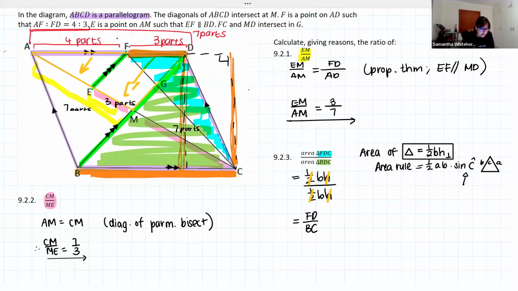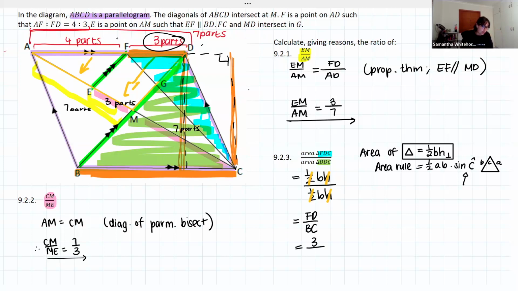Now let's go back and see if we know that information. For FD, we know it's 3 parts. BC, we don't know, but we know that this is a parallelogram. What do we know about opposite sides in a parallelogram? Okay, sorry, let me rephrase my statement. What do we know about the opposite external sides of a parallelogram?